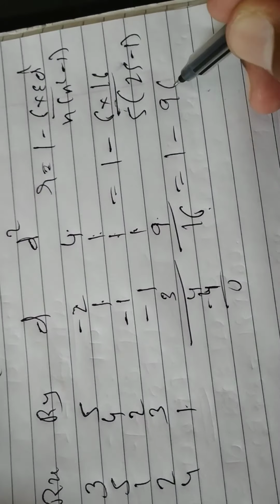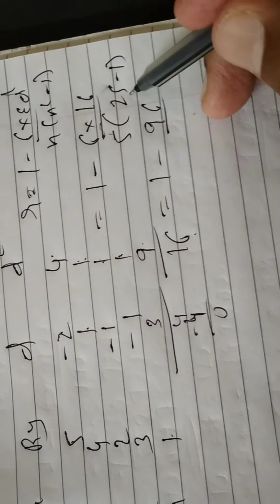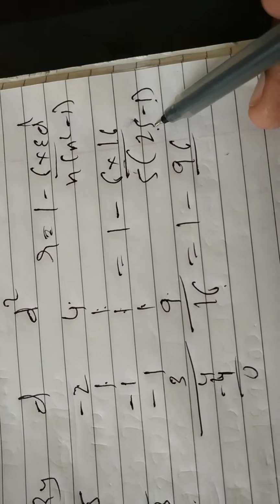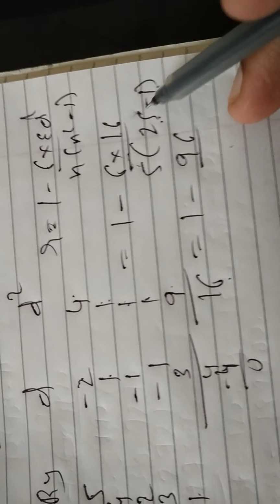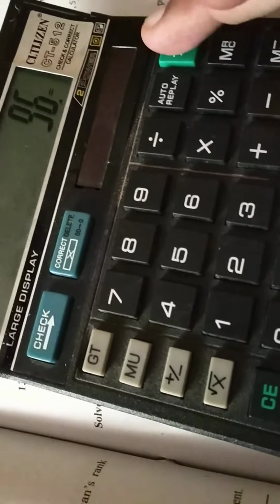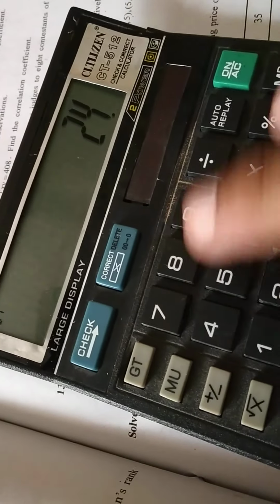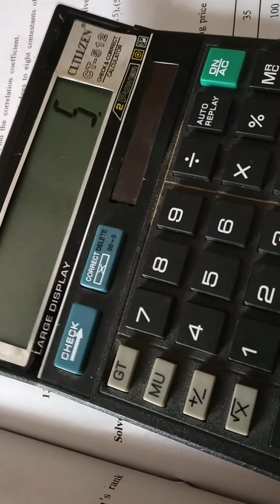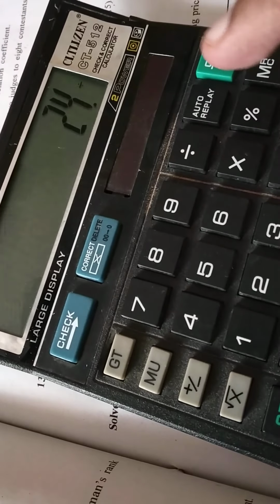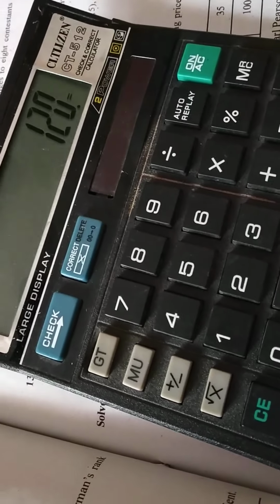Now 25 minus 1, 24. 24 into 5, that is 120.